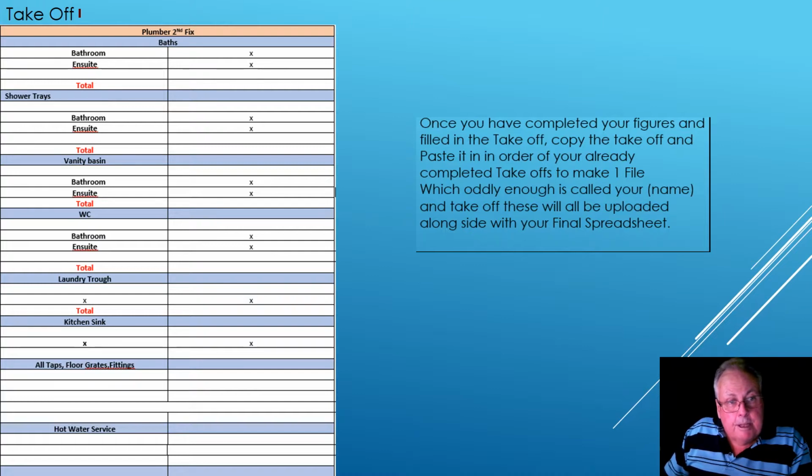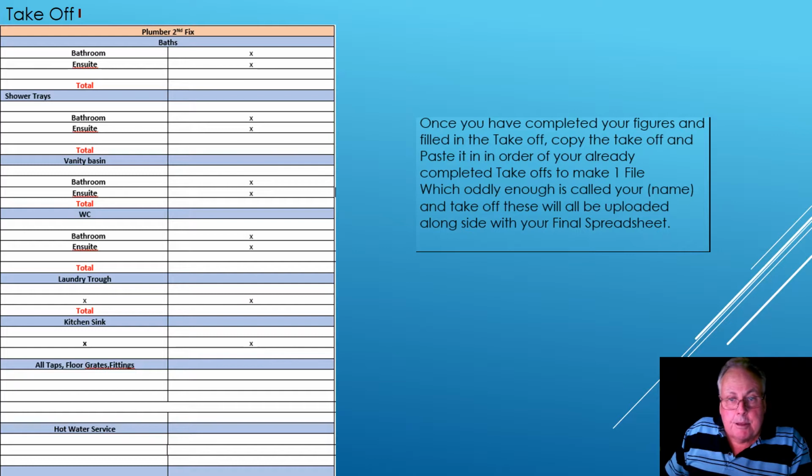How many vanity basins in the bathroom, ensuite, water closet, laundry trough, kitchen sink, and I've left 3 or 4 lines there just to actually put what sort of fittings and taps. Not expansive, not listed everyone, but just a reasonable amount there. We need 1 hot water service, so ultimately this will be all we need for this one.